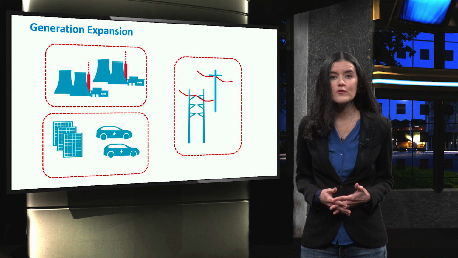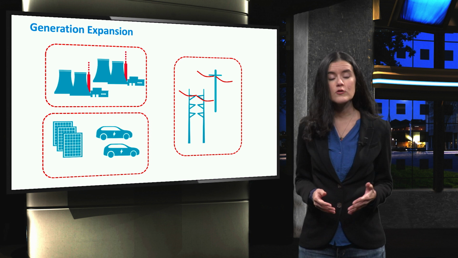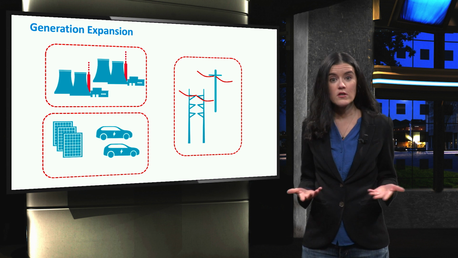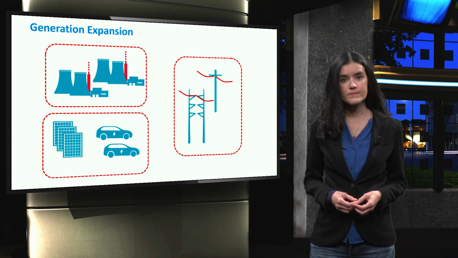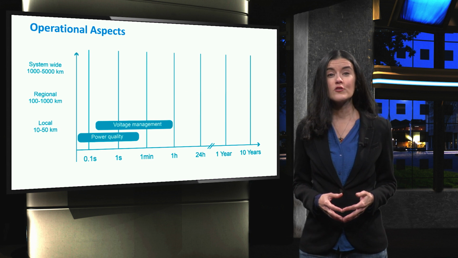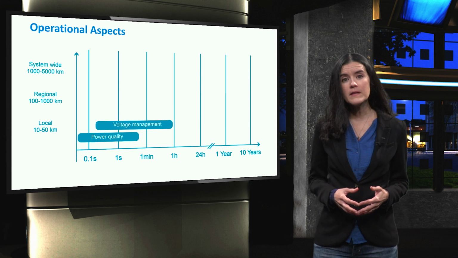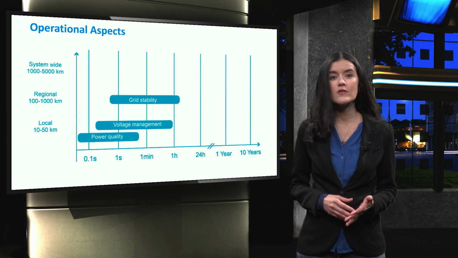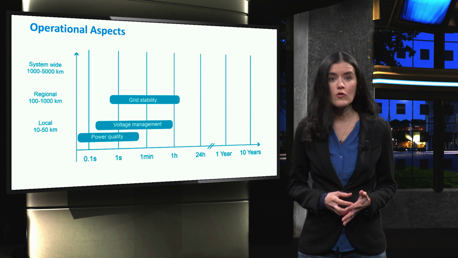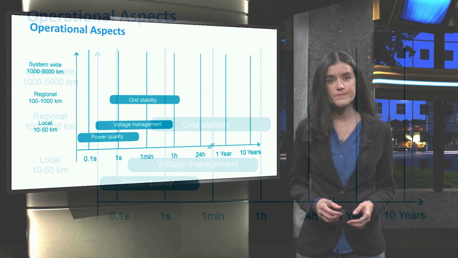Additionally, the distribution network should be reinforced or expanded as well in order to meet the requirements of large loads, such as electric vehicles. At a local level, power quality and voltage should be monitored. At a regional transmission level, parameters related to the stability of the grid, both short and long time scales, should be always maintained at the desired levels.